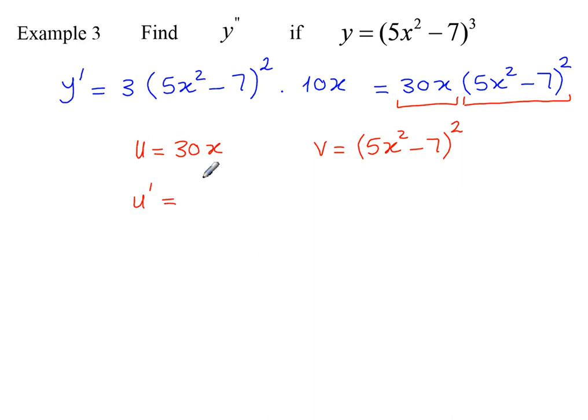u dash, the derivative of 30x, is 30, and v dash is the derivative of this bracket, so we'll use the function of a function rule again.